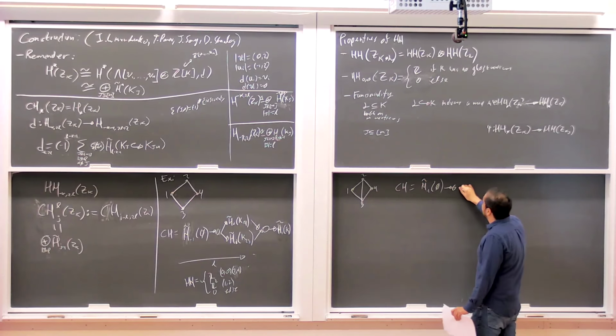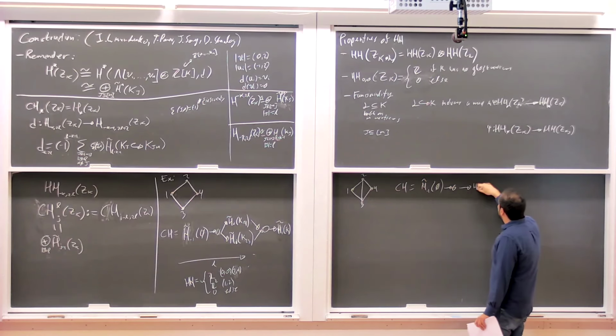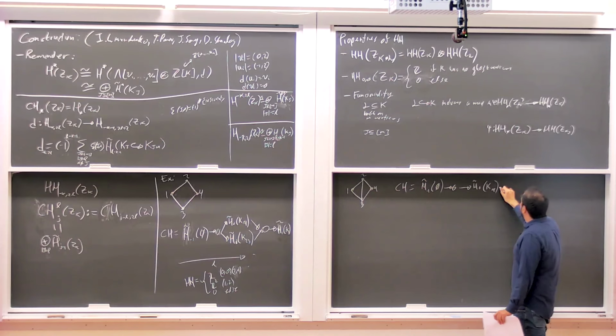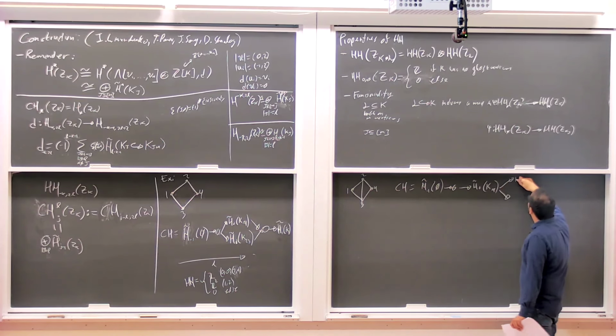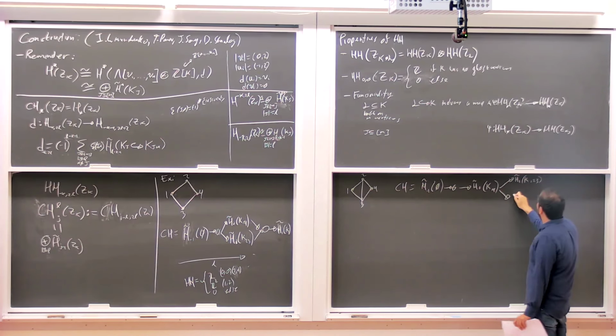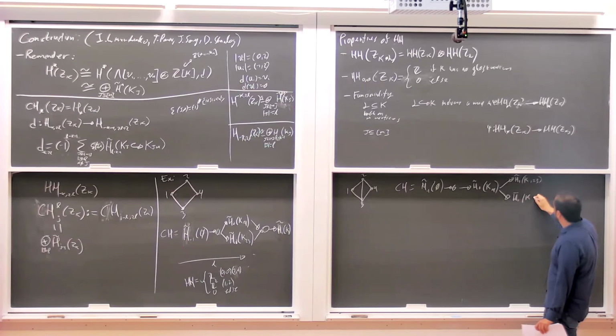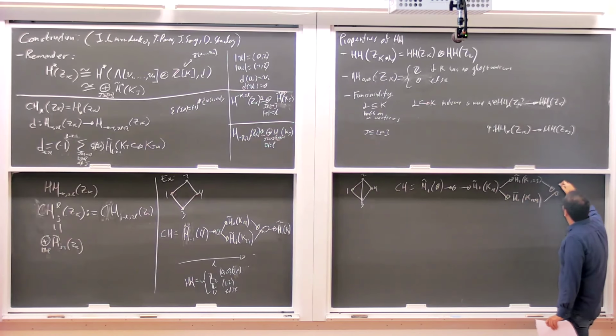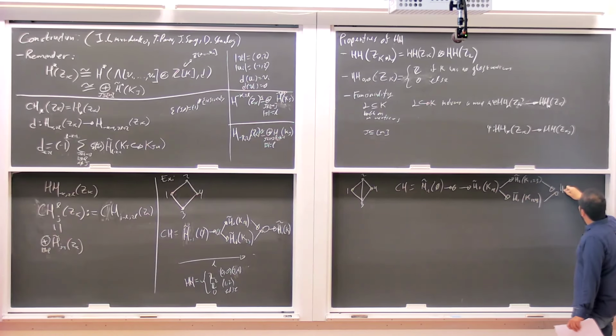That goes into now H0 of K14. And that will go into two guys, H1 of K123 and H1 of K234. And both of these will go into H1 of the whole thing.